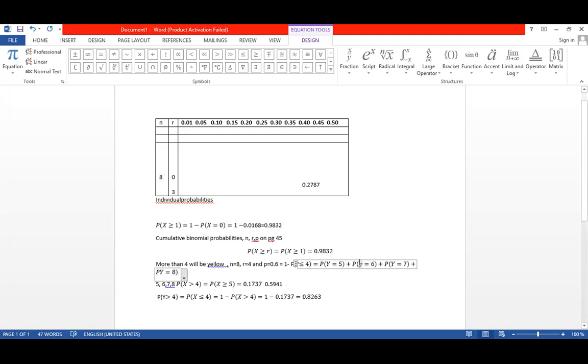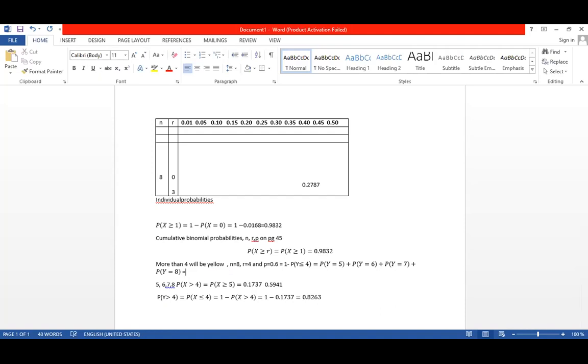Now I want to come into the formula. What did you get here in terms of the formula? You told me it will be now 8 combination what? The first one, 5. 8 combination 5.